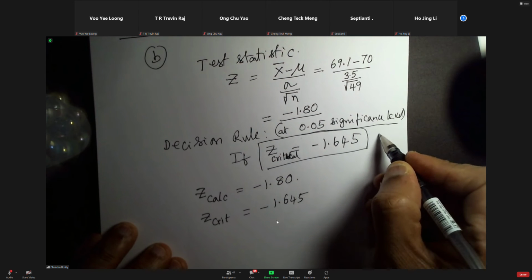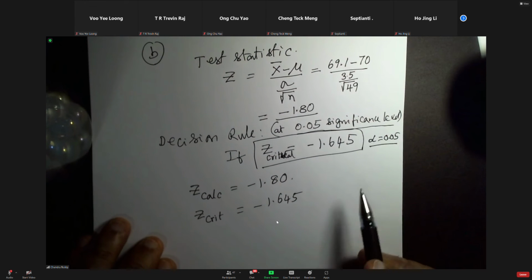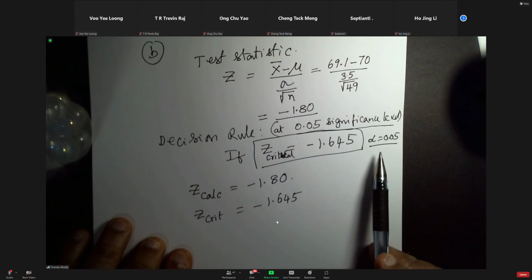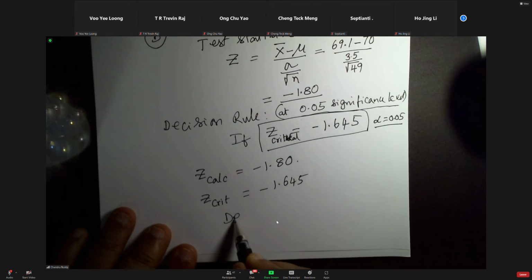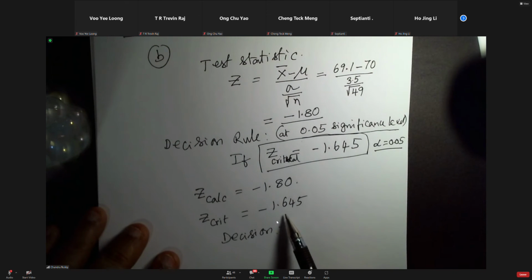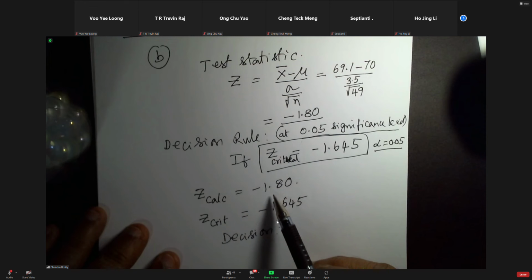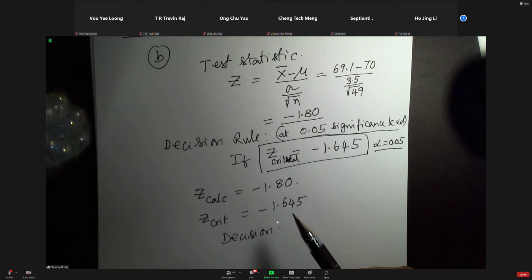So this is for alpha 0.05, that is for 95% confidence. So now what is your decision? Anyone? The critical value is negative 1.645. The calculated value is negative 1.80. So what will be your decision? Do you want to reject the null hypothesis or not reject?